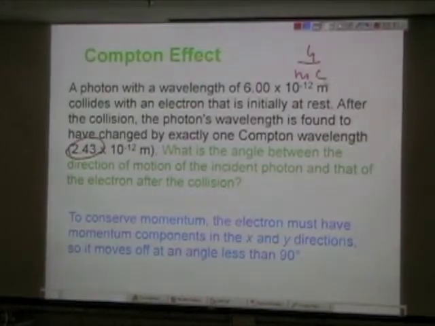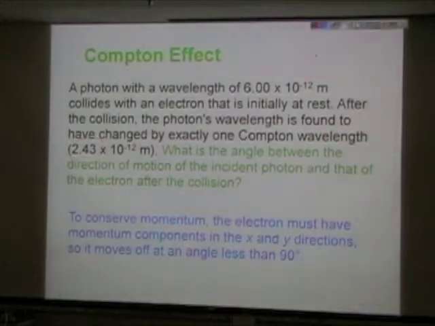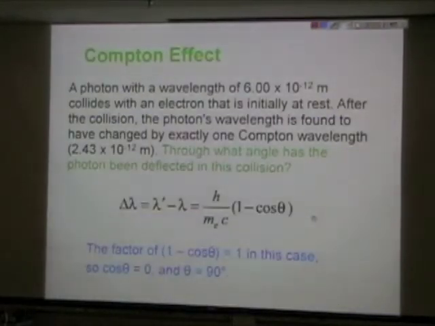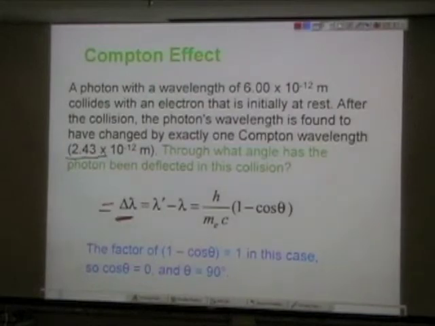So in this example, since the change in the wavelength is equal to h over mc, that means this combination should be equal to 1.